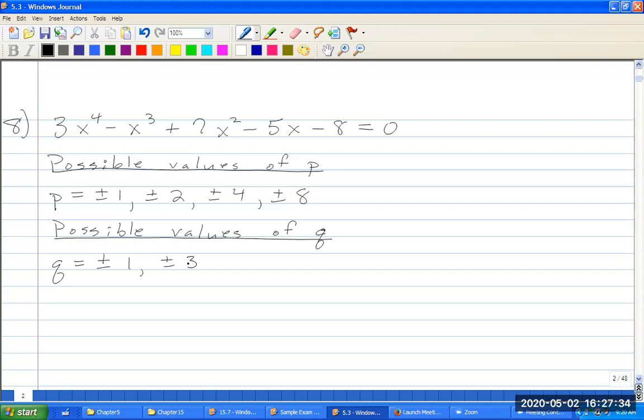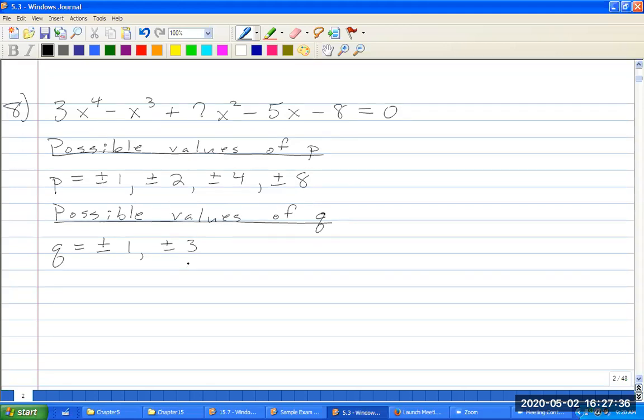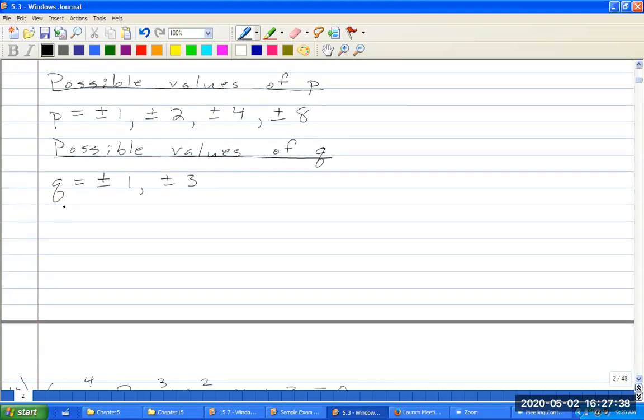So now, let's find the possible rational roots of our equation. So the possible rational roots of our equation are just going to be P over Q.